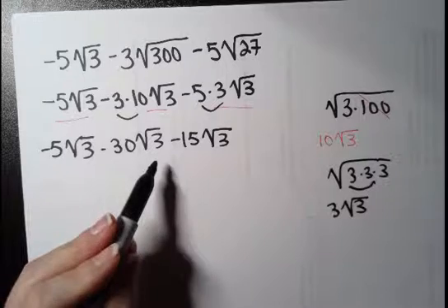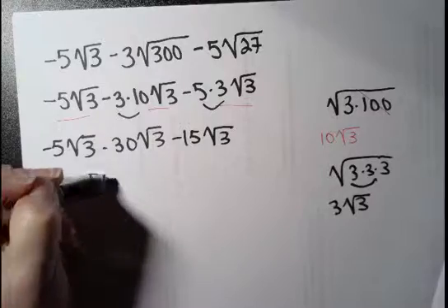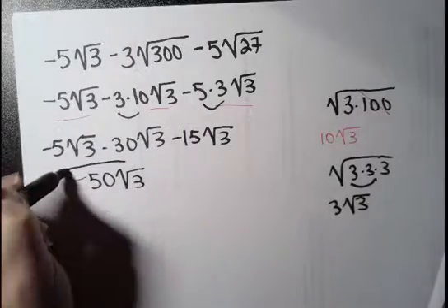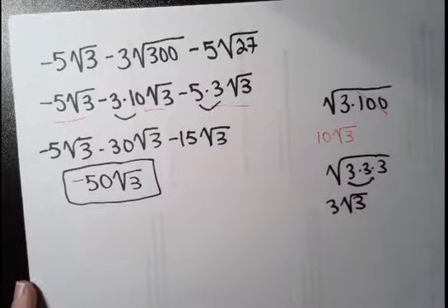And then -35 minus 15. Doing it on a calculator because I'm lazy. -50 times the square root of 3. And so that's how we simplify radical expressions.